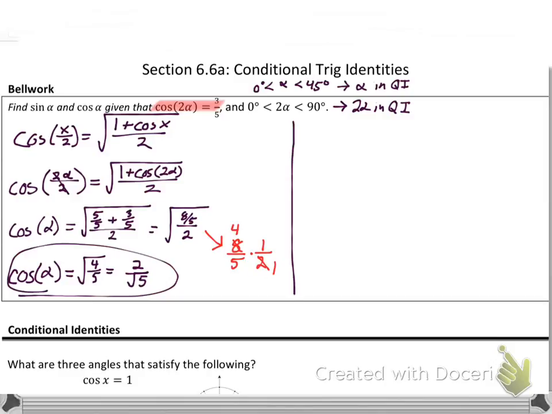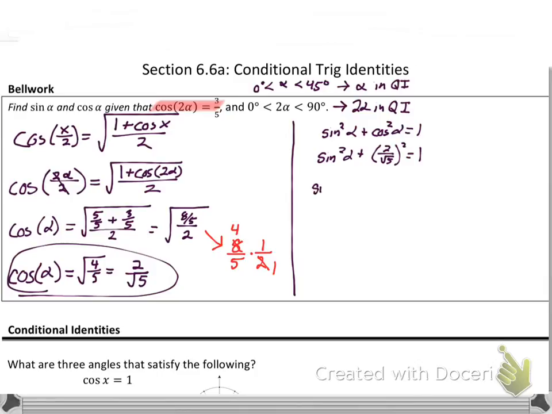As soon as we get cosine alpha or sine alpha, if you find that first, everything goes back to what we did a month ago, where we say, I know that sine squared alpha plus cosine squared alpha equals 1. We're just going to plug in that 2 over square root of 5 for our cosine. So we'll have sine squared alpha plus 2 over square root of 5 squared equals 1.